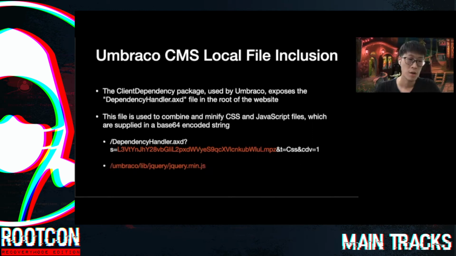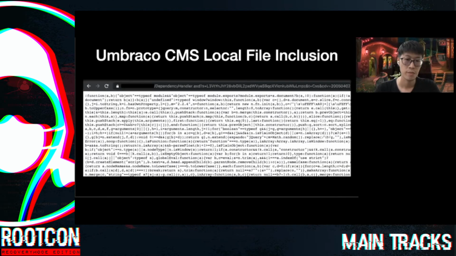It uses a base64 encoded string to represent the real path that this library is about to load. So here is basically how it works: we provide a base64 encoded string of the path, and then it will return its content.